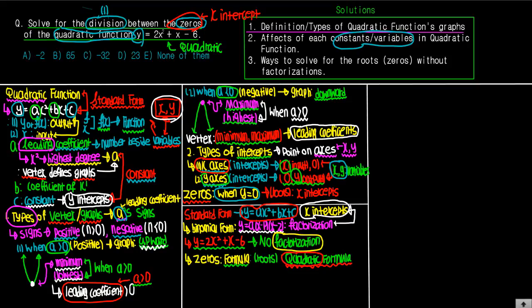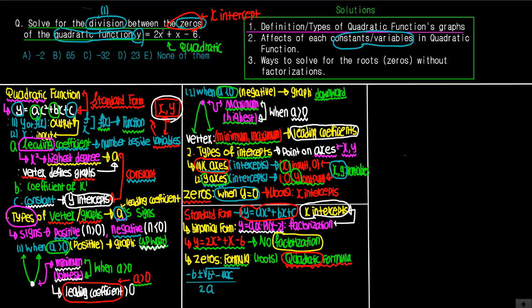So let's get through what the quadratic formula is in order to solve for our x-intercepts, zeros. The quadratic formula will be negative b plus or minus the square root of b squared minus 4ac, all of that over, which is the same thing as dividing them by, 2 times a.